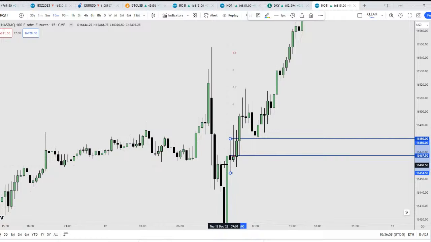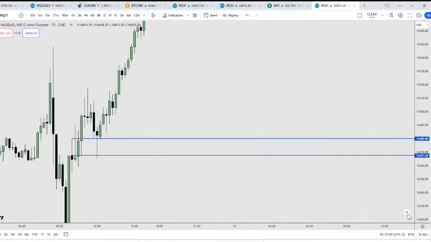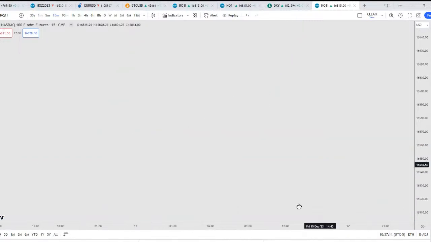When a candle closes below that mean threshold of this proportion order block, it becomes a low probability proportion order block. Let me show you what that looks like.